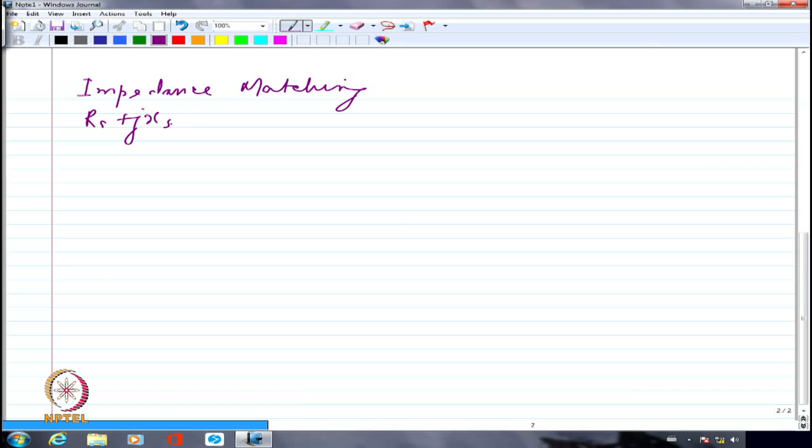The load impedance, if it is actually RL plus jXL, if I may say, when I have Rs equal to RL and Xs equal to minus XL, I am going to have maximum power transfer.